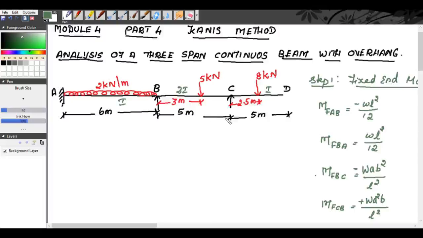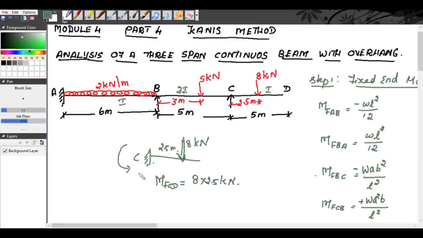Now for the span CD, D does not have any support. So it is an overhang, right? So when it is an overhang, there is only a support at the joint C, and we have an 8 kilonewton load acting at a distance of 2.5 meter from C. Therefore, our fixed end moment at C, M of CD, will be equal to 8 into 2.5 kilonewton meter. Since it is to the left of the support, that will be minus.